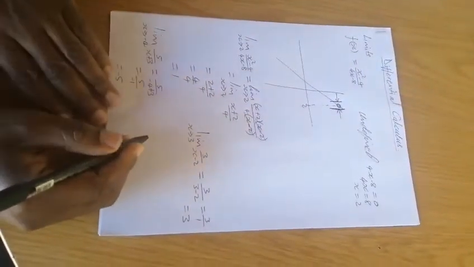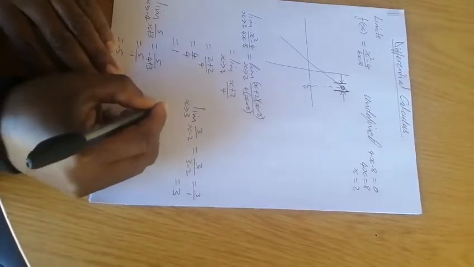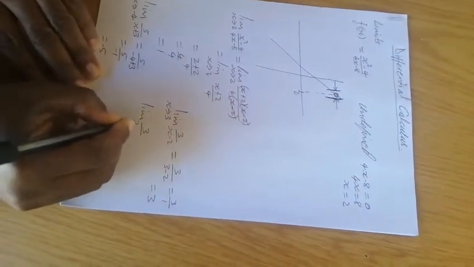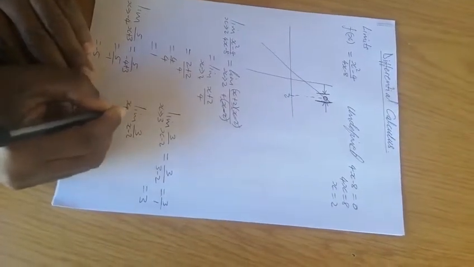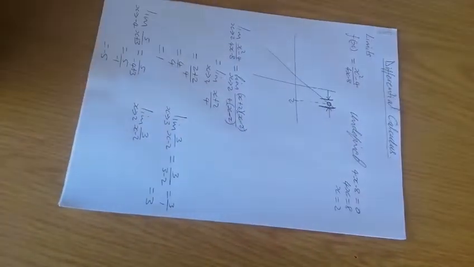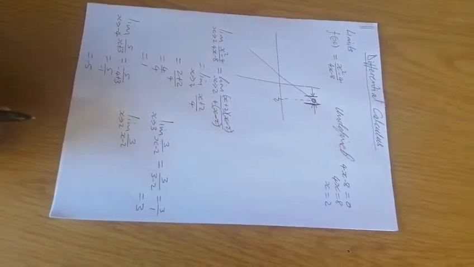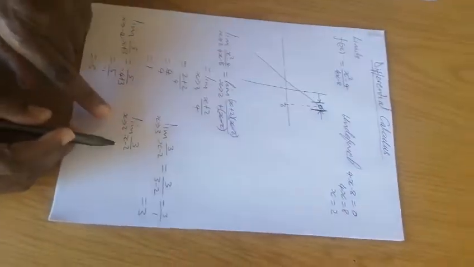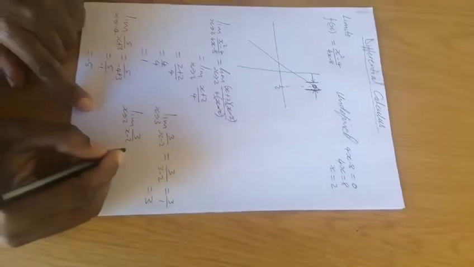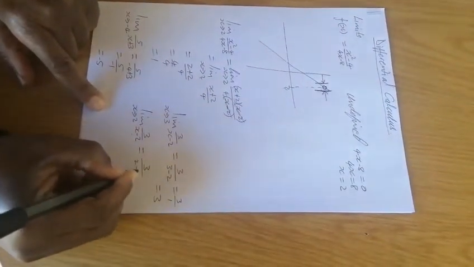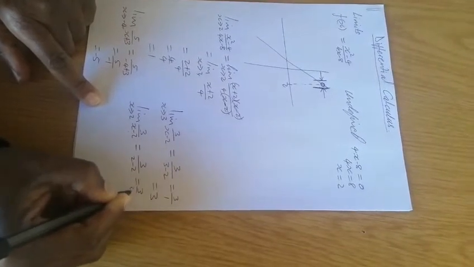But now if we look at this one, limit of 3 over x minus 2 as x approaches 2, the limit here does not exist. It does not exist. Why? Because if we substitute 2, we will have 3 over 2 minus 2, which is 3 over 0.